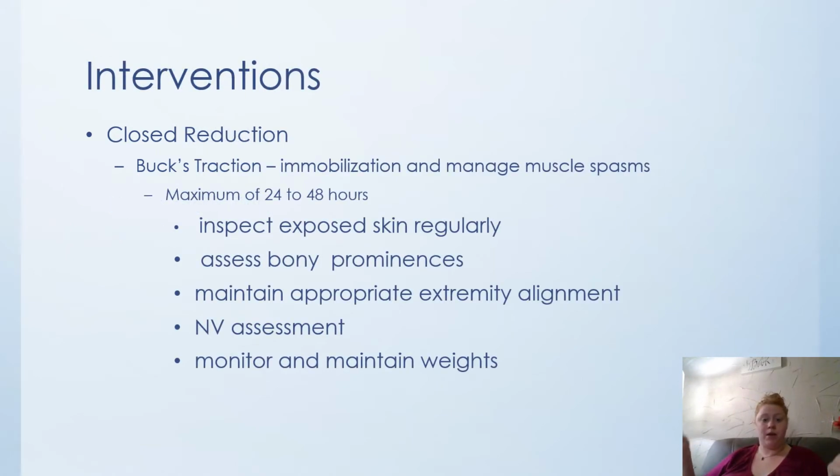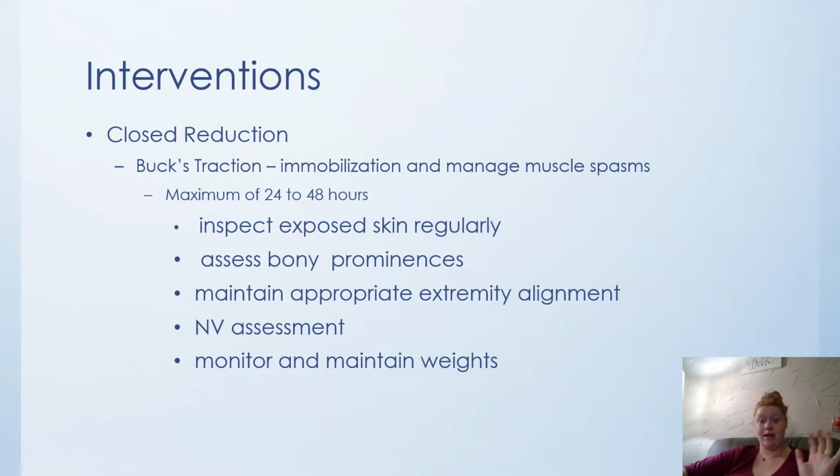So Buck's traction. This is going to be your closed reduction method. And as I said, it's good for a maximum of 24 to 48 hours. Its goal is to immobilize the leg and manage the muscle spasms. So what are you going to do as a nurse? You are going to inspect all the skin that's exposed regularly. You're going to assess those bony prominences because we don't need skin breakdown to occur.